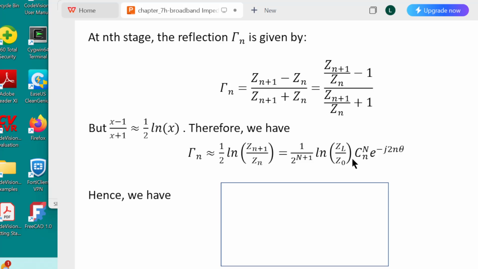So you get this. And what we can do now is we equate the sum of this.